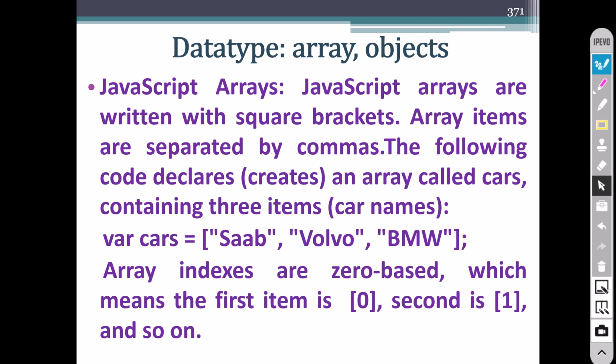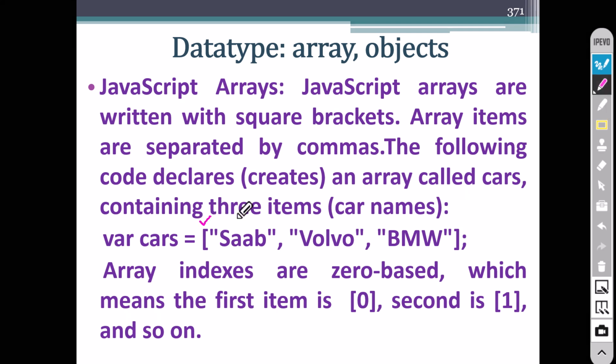And we'll look at arrays. JavaScript arrays are written with square brackets. Array items are separated by commas. So we have square brackets starting and ending, and we have 3 values. The following code declares an array called cars containing 3 items: Saab, Volvo, and BMW, separated by commas.